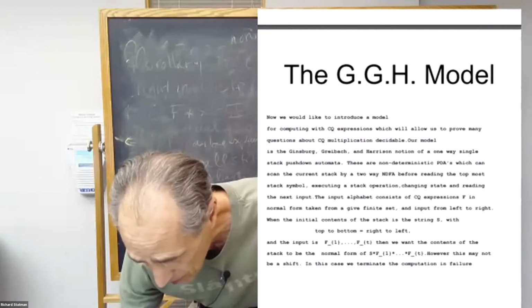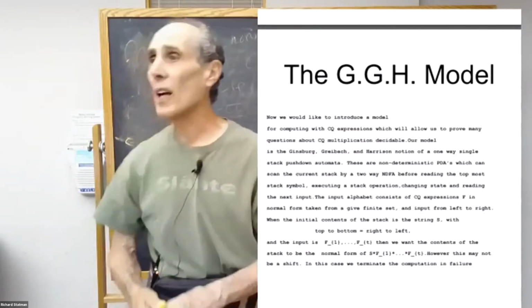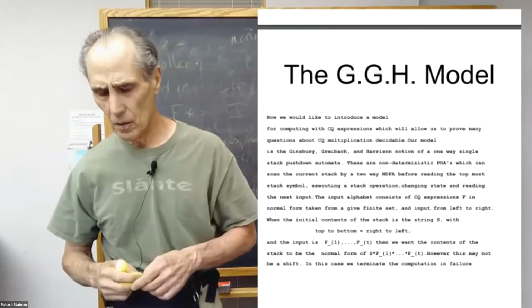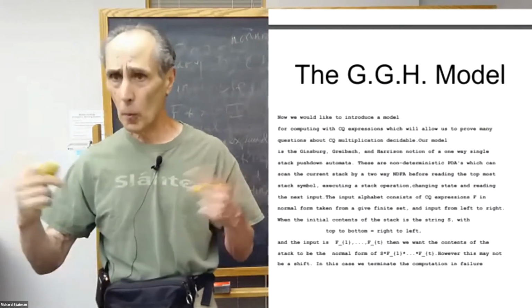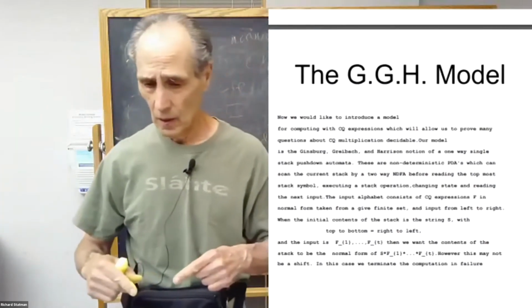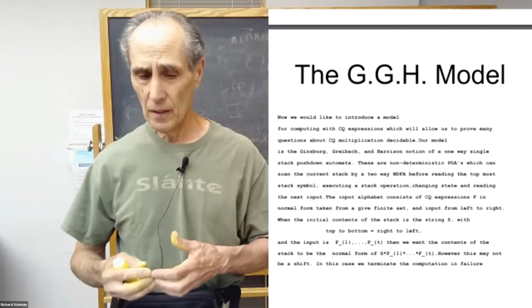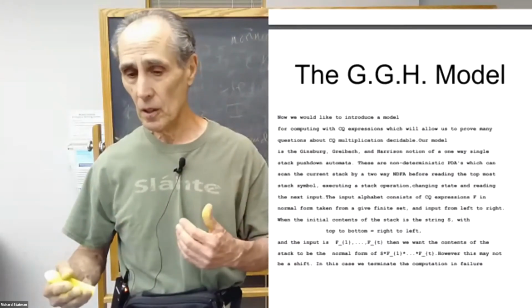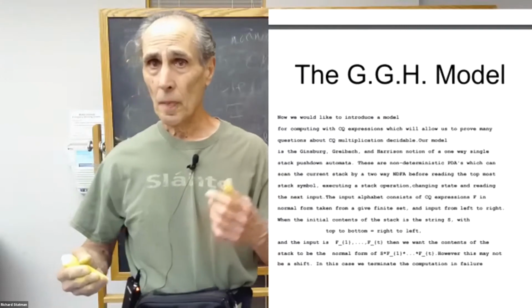Let me emphasize the model. By looking at the way in which normal forms multiply, it's very natural to look at a model for such multiplication in the following way.